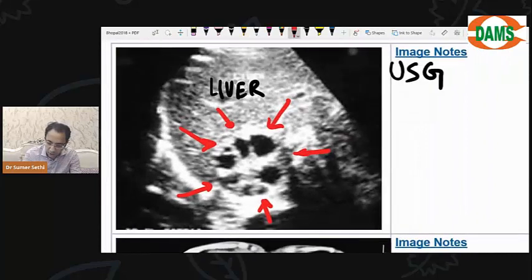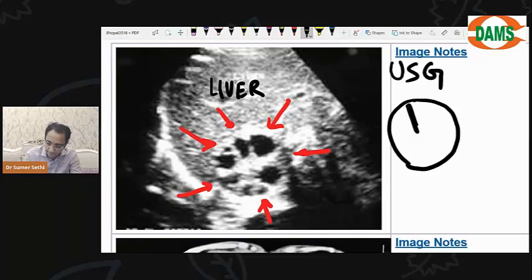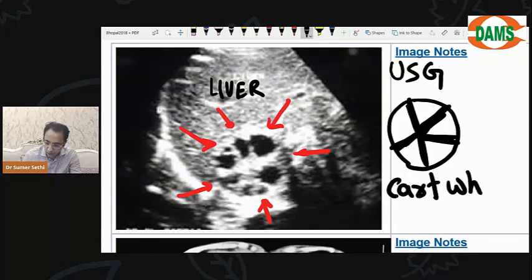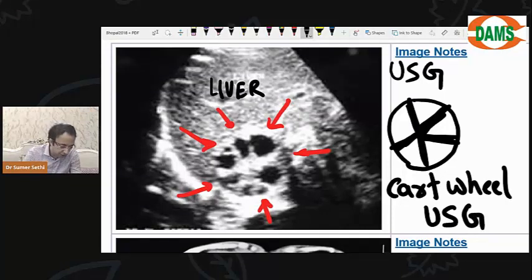So this appearance looks like this. What is this? This is a cartwheel. This is the classic appearance of hydatid cyst.